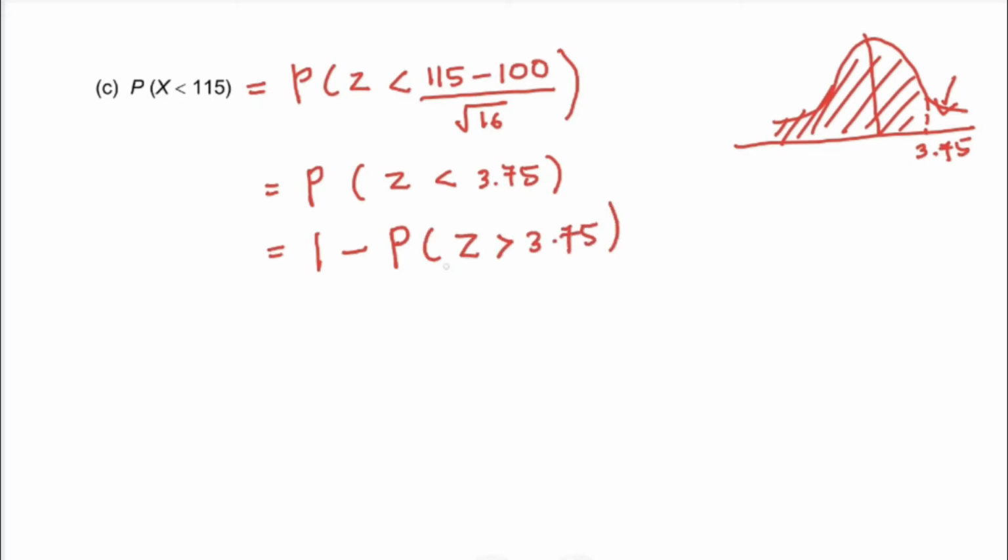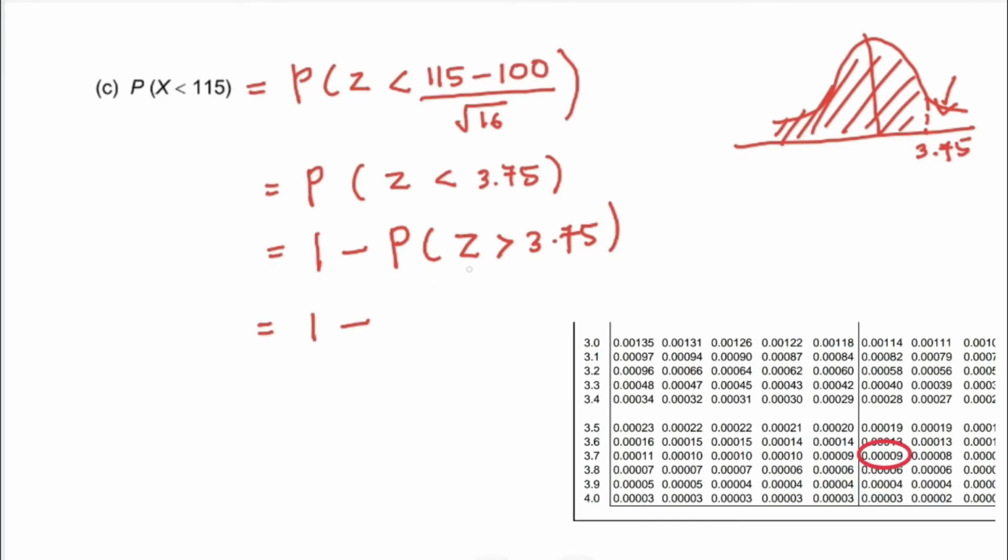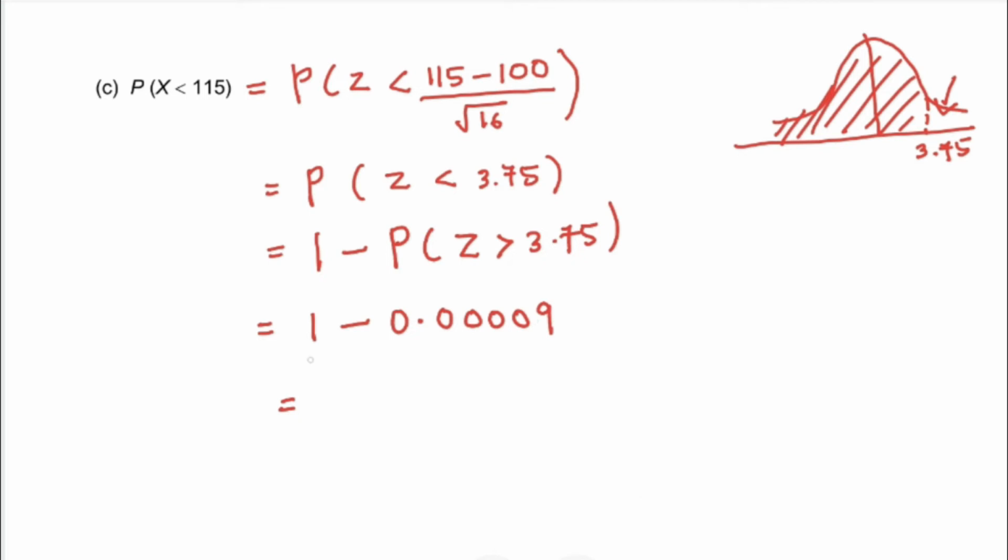We can read the value for z greater than 3.75 from the table, which is equal to 0.00009. Now we take 1 minus 0.00009, which equals 0.99991. This is the answer.